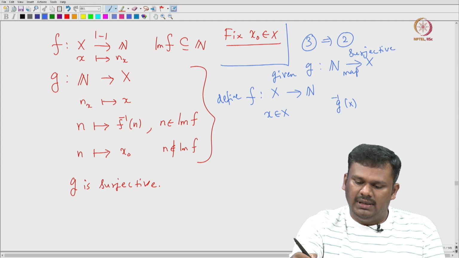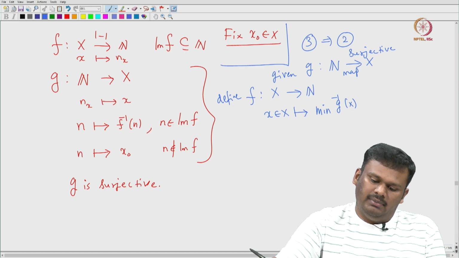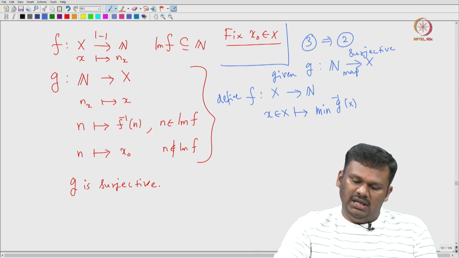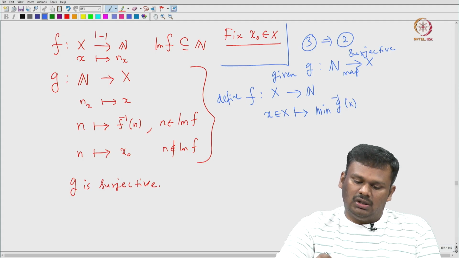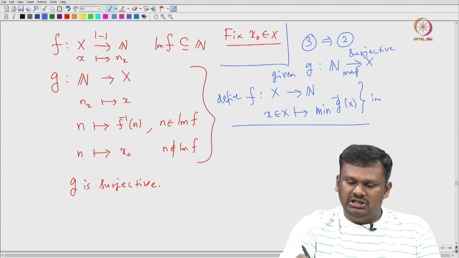This is going to be a subset inside N, then pick the minimum. So, map x in X to the minimum of g inverse of x, and using the similar argument that I gave earlier, you can prove that this is indeed an injective map.